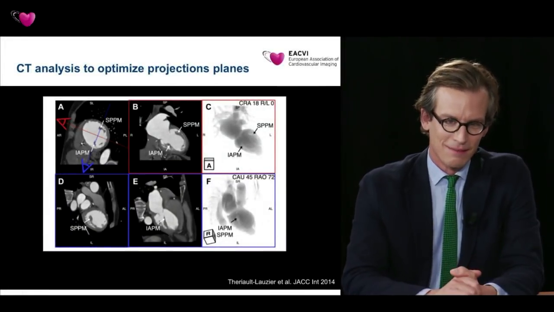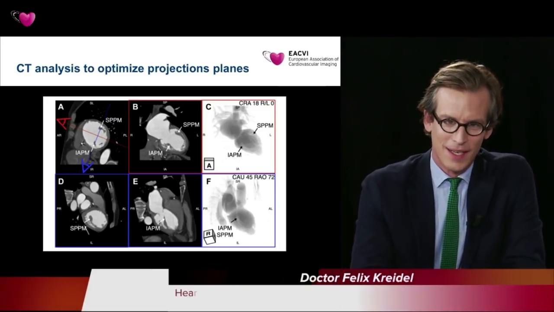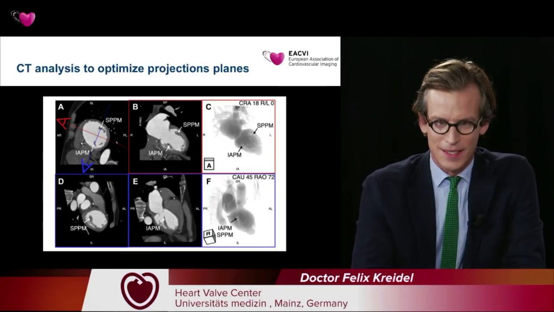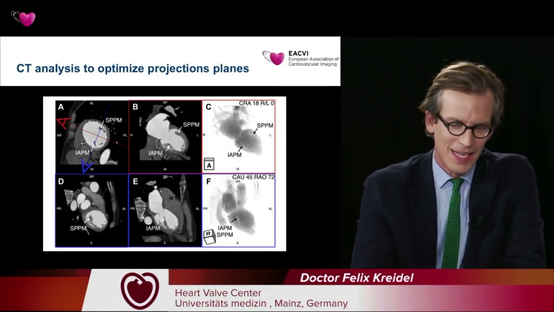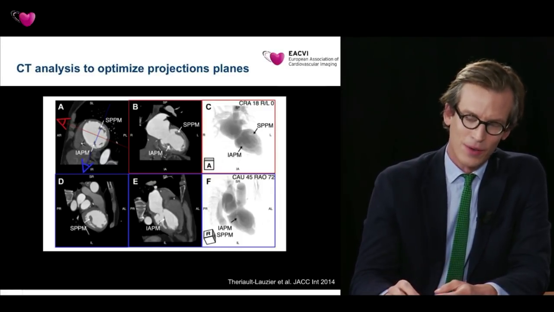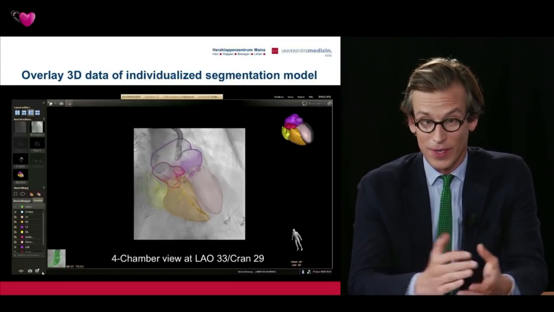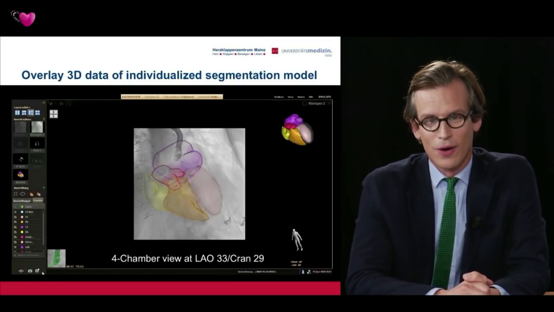Exactly. It makes sense that you've dialed in, so to say. You could have cheated by reading and evaluating CT data sets, but I didn't do that before because it's offline interrogation, and you are in the cath lab and then you want to know directly, and this is what dynamic echo overlay gives you.